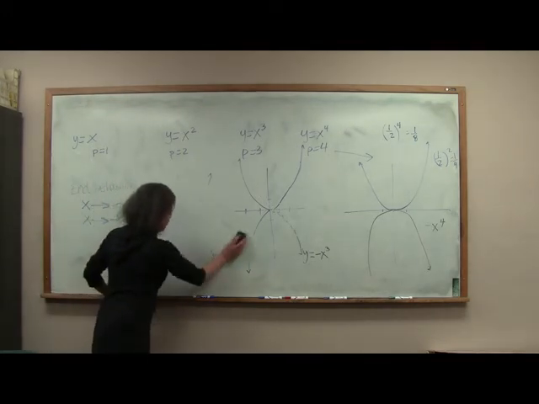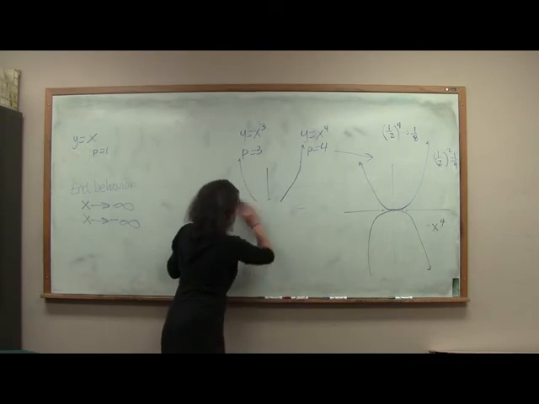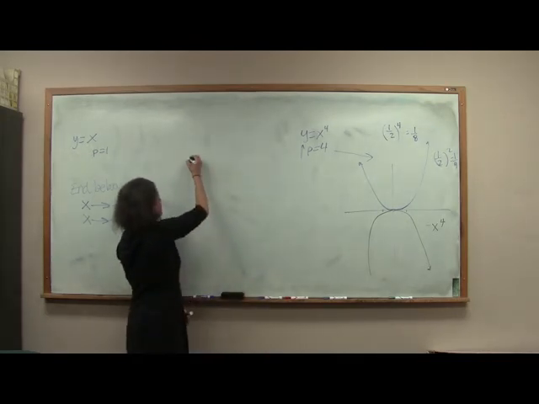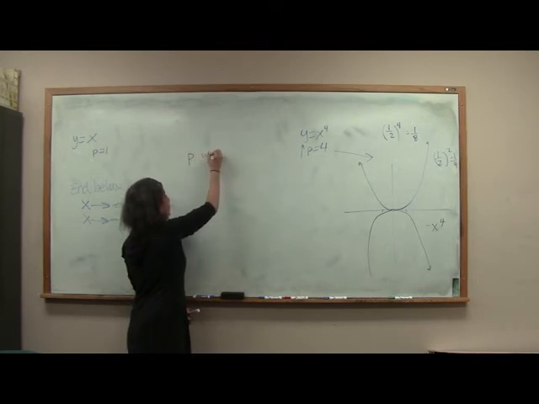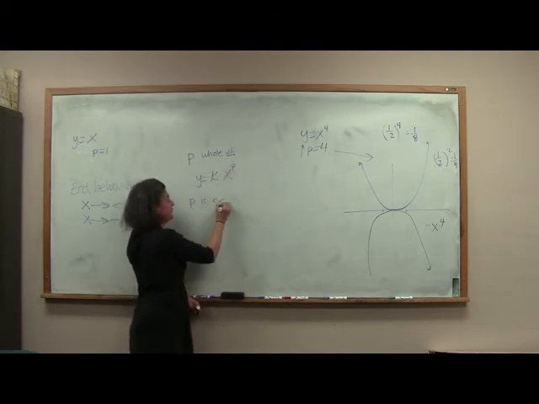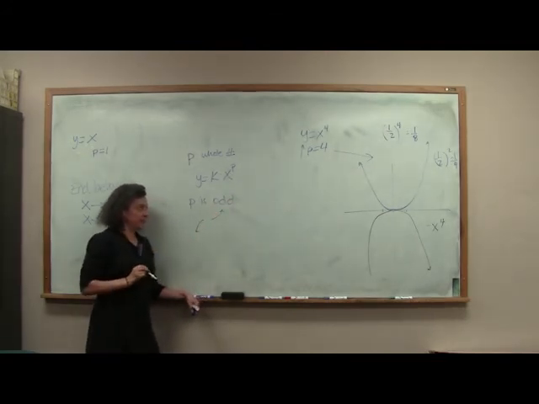And what I want you guys to see from these few power functions that I graphed is as follows. Okay? So for p being a whole number, when you have k times x to the p, if p is odd, what we know about our end behavior is one arm is up and one arm is down.